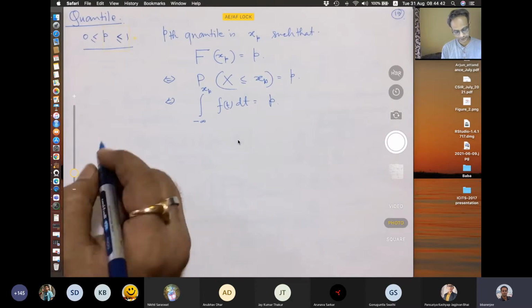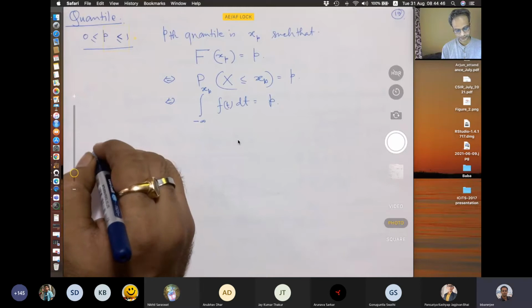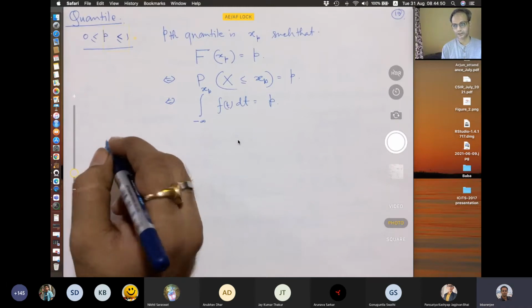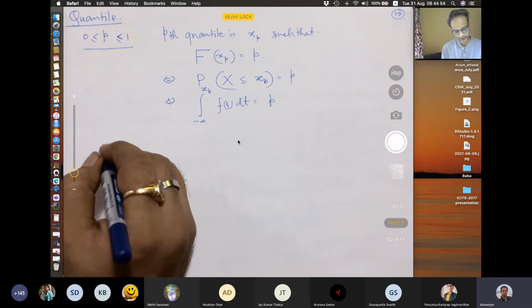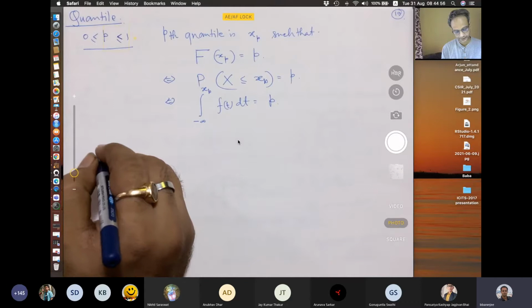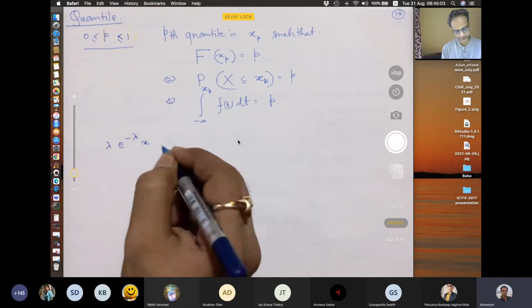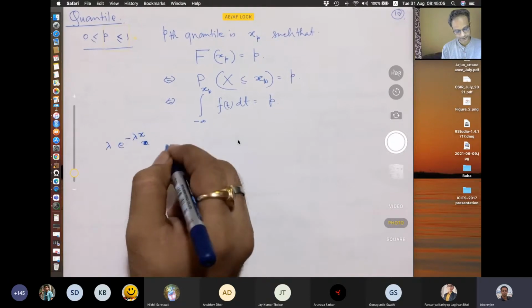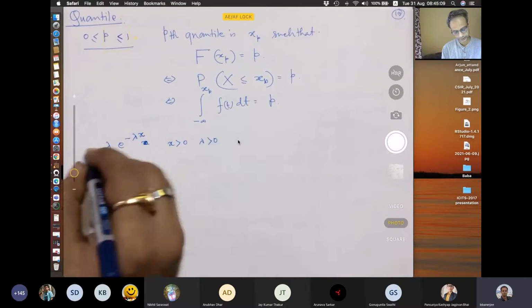So do one exercise. Suppose a radioactive quantity has an exponential decay, and the decay PDF is lambda times e to the power minus lambda x, for x greater than 0, where lambda is also greater than 0.